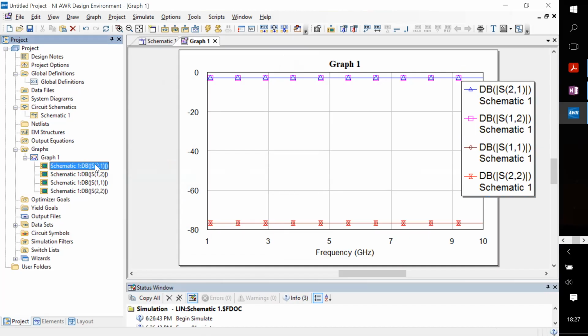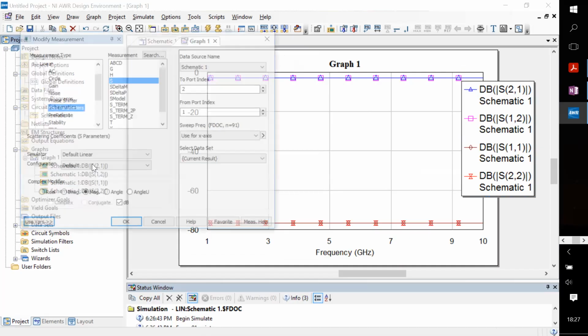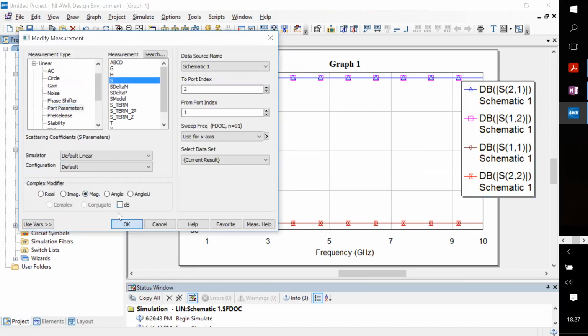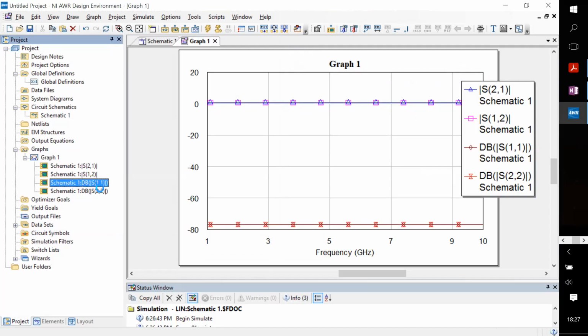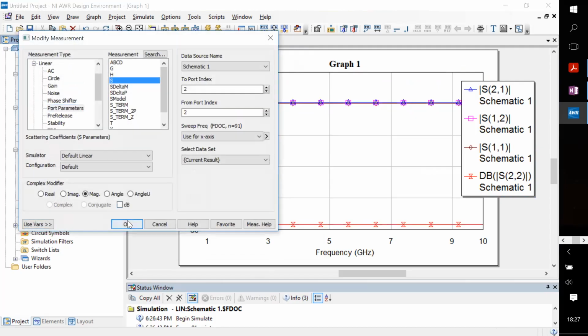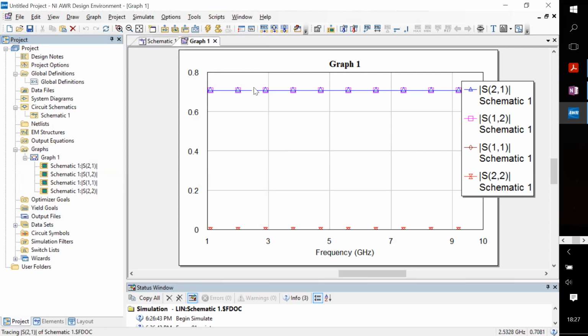So if we had looked at this in non-dB units, maybe let's just do that. Let's get out this dB. Okay, so you see this is because this is no longer the power.